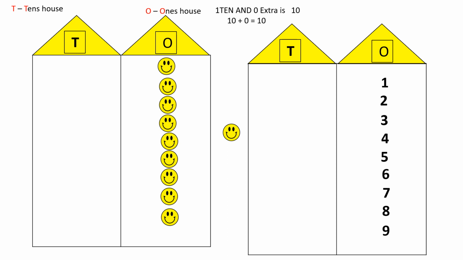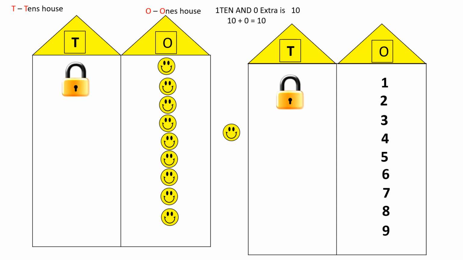Now children, look at tens and ones house. You remember? In one's house, all the 9 friends came to do party. And when there was one extra friend, and he wanted to join the party, there was no place. And remember, Ten's house was locked.